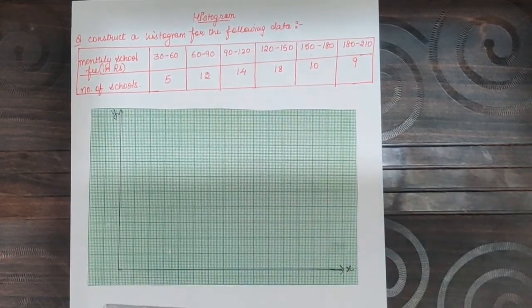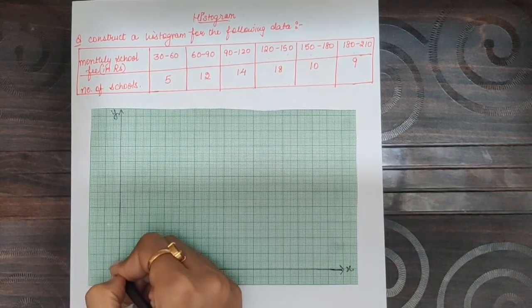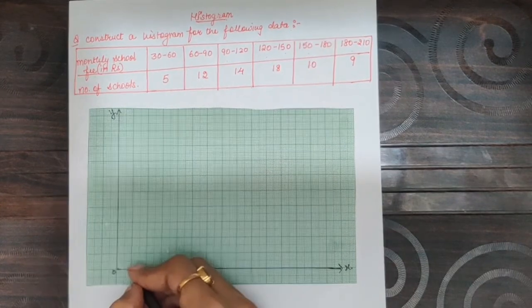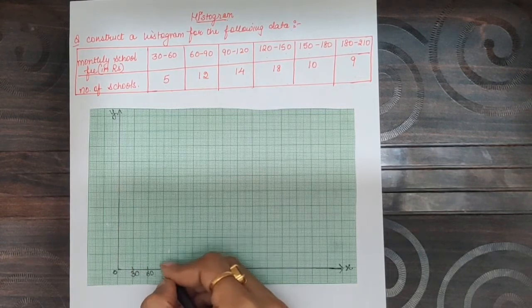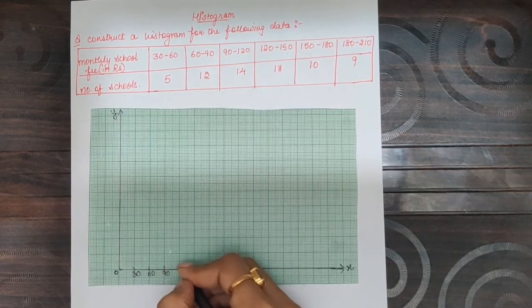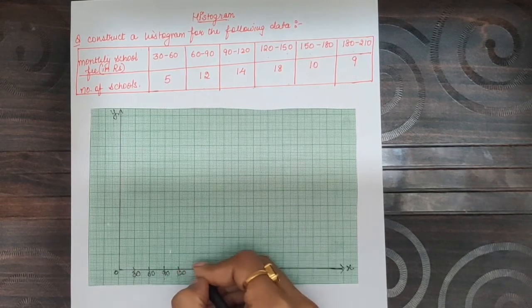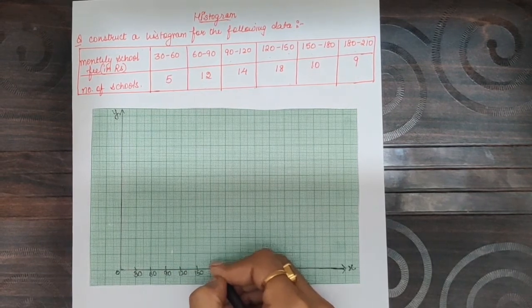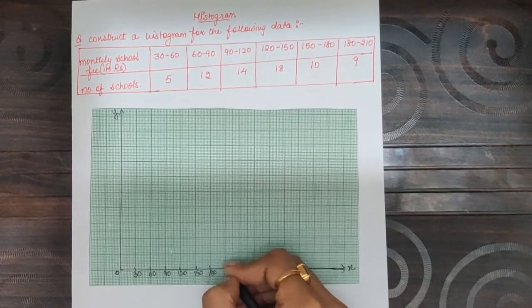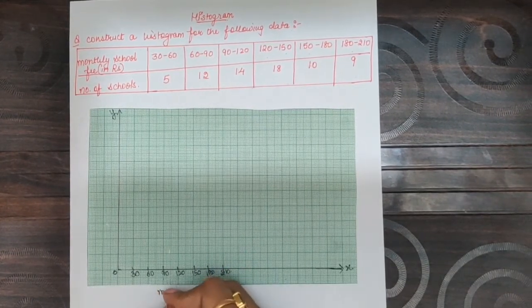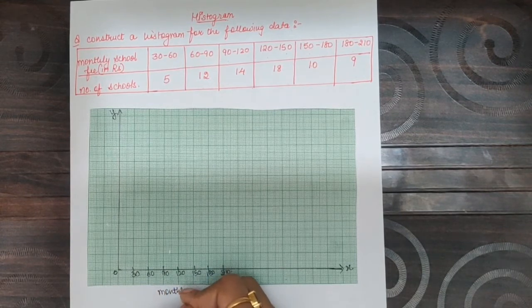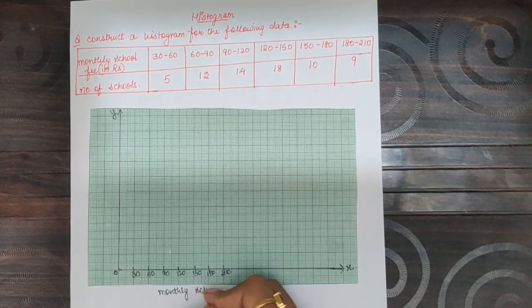Mark the point of intersection of the x-axis and y-axis as the origin. Mark the class intervals on the x-axis. Class intervals are 30, 60, 90, 120, 150, 180, up to 210, and the corresponding frequencies on the y-axis.